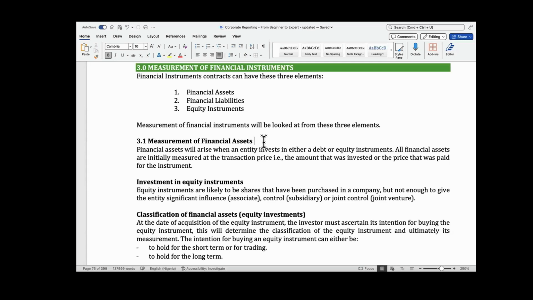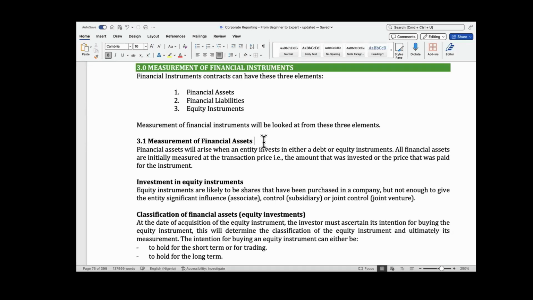Not only that, a financial asset is also an equity instrument of another entity, and I explained that to you last week. An equity instrument of another entity means that you have invested in buying shares. You bought shares in another company.